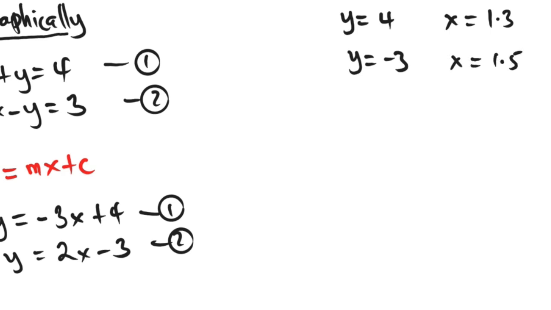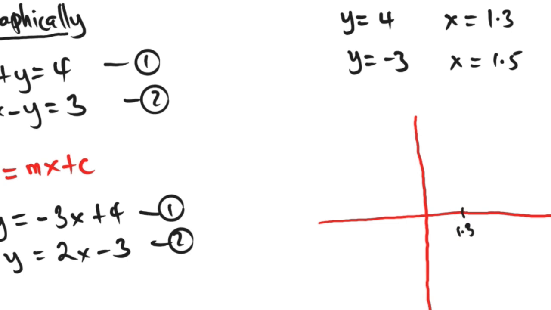So with these points, we can draw our graph. We can sketch our graph like this. So y is 4 when x is 1.3, so let's say this part is 1.3. Y is 4.